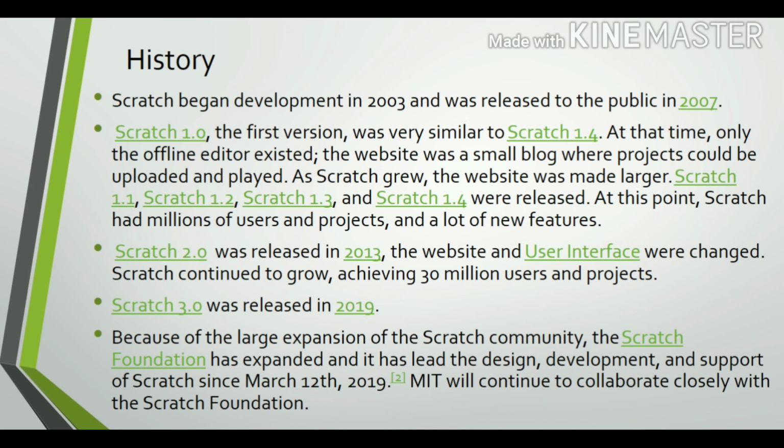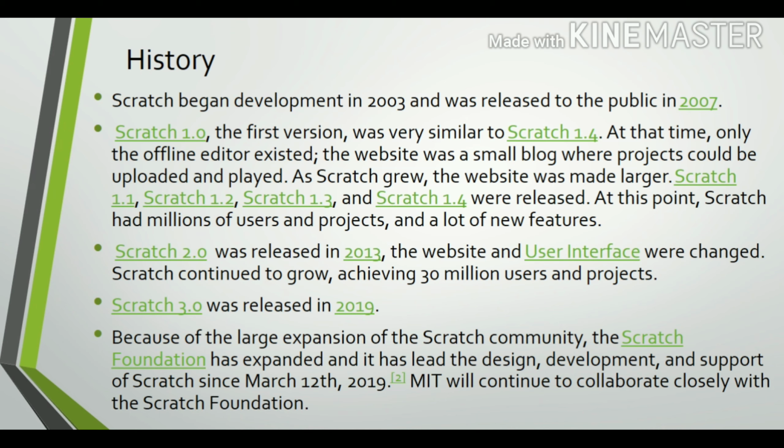Next, Scratch 2.0 was released in 2013 and the website and the user interface changed. Scratch continued to grow, achieving 30 million users and projects. Then Scratch 3.0, as we are using currently.